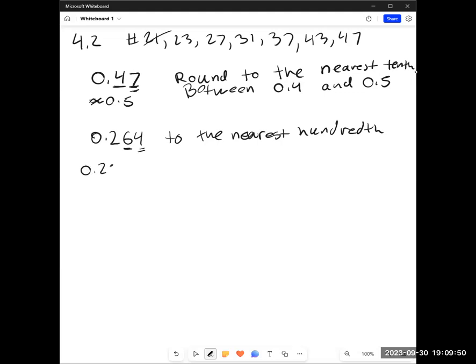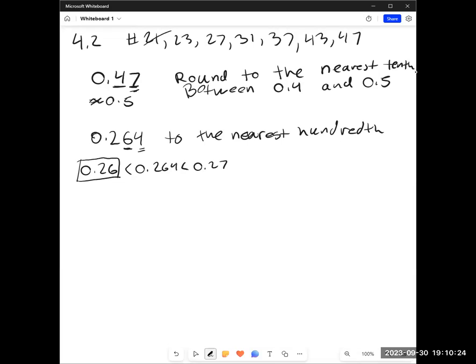This is somewhere between 26 hundredths and 27 hundredths. And 264 thousandths is closer to 26 hundredths because the thousandths place value that we're looking at to determine our rounding rule is less than 5.